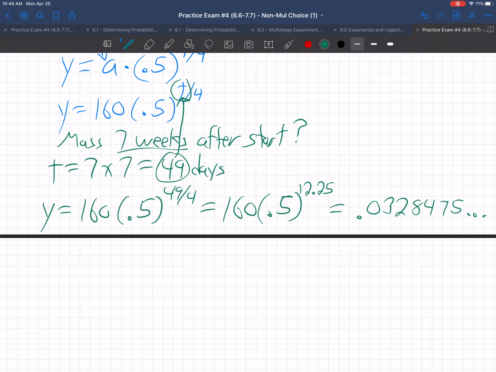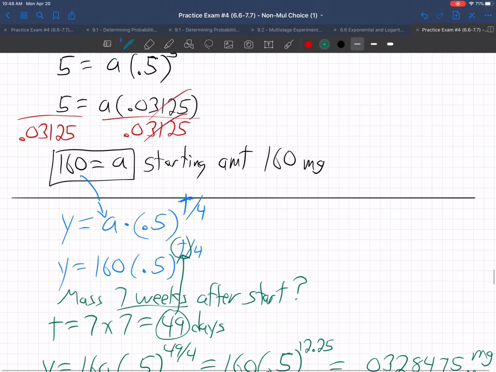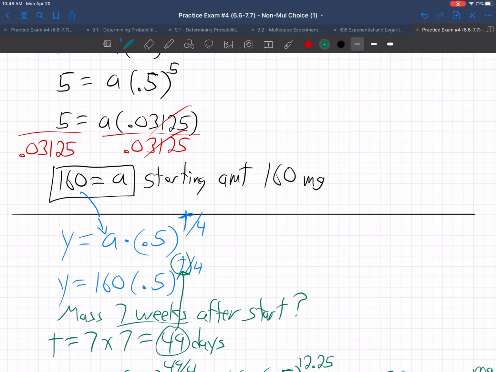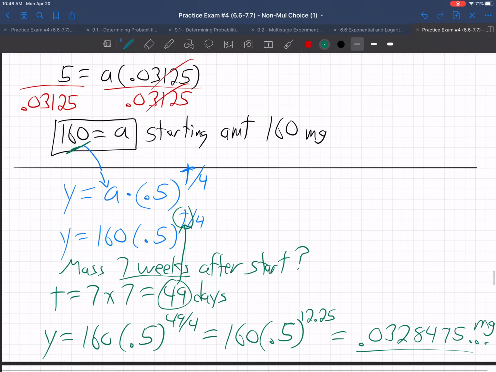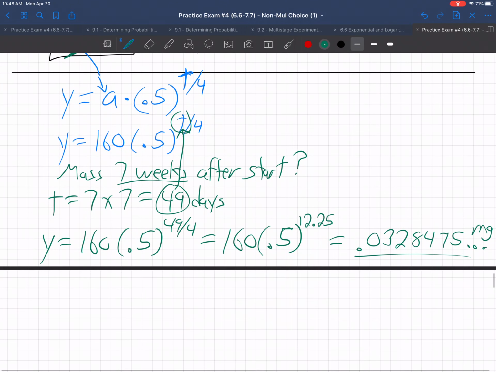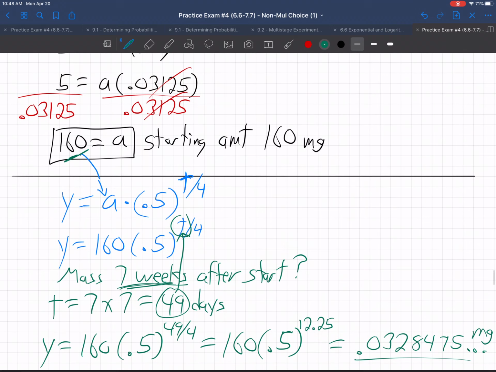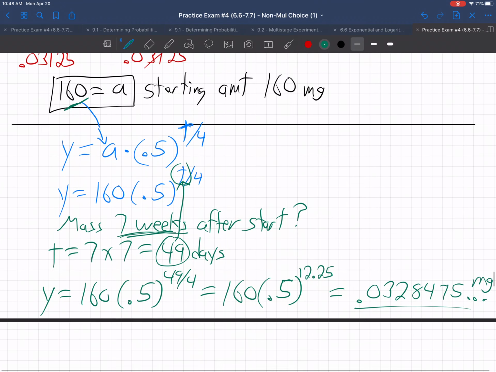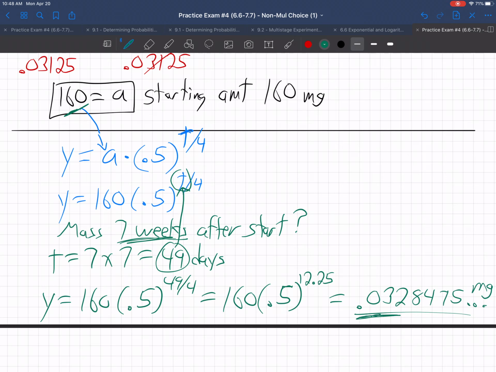And that's milligrams of the palladium. So the palladium is almost down to nothing. It started out at 160 milligrams, and then it went down to 0.03 after 7 weeks. It's just cutting in half every 4 days. It just kept cutting in half and half and half, and got really, really small after 7 weeks. There we go.